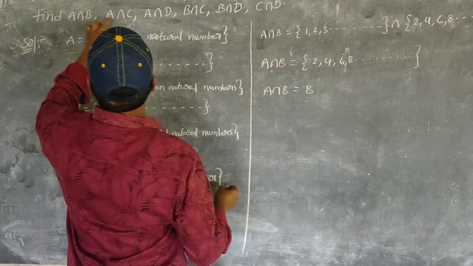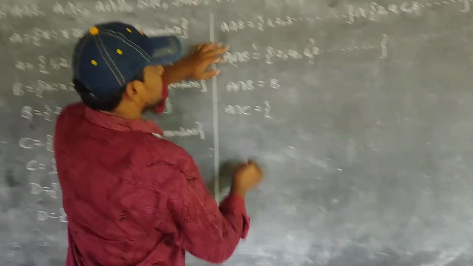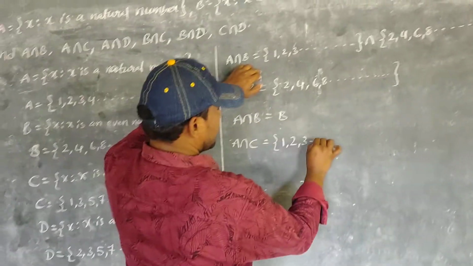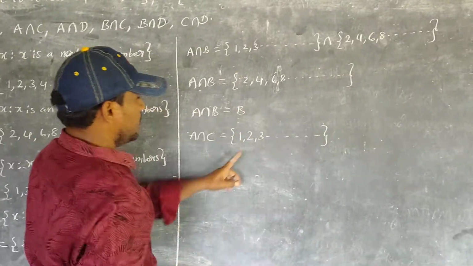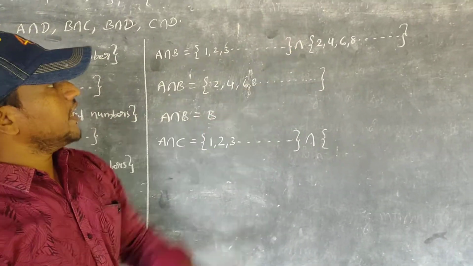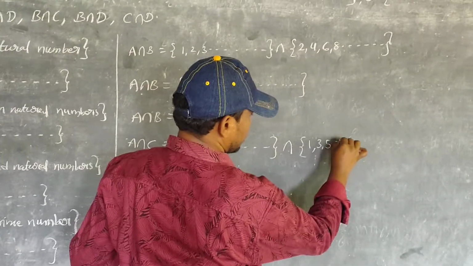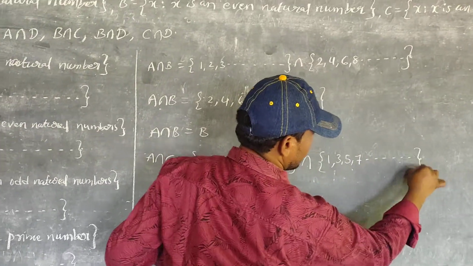Next, find A intersection C. What is set A? 1, 2, 3, the natural numbers in roster form. Intersection. What is C? Odd natural numbers: 1, 3, 5, 7 and so on.